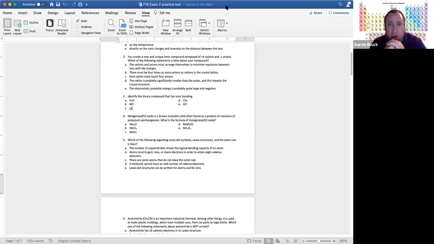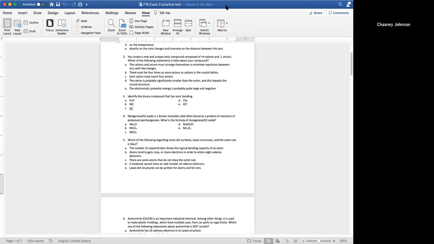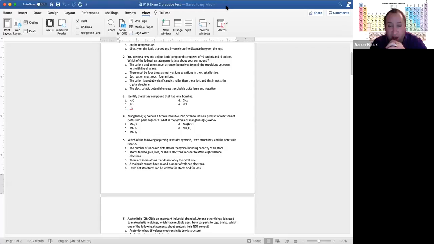You can go that way, but honestly, the easiest way to do it in these kinds of multiple choice questions is to look for the metal paired with the non-metal. There's usually only going to be one, and there is in this case. Lithium is a metal, fluorine is a non-metal. So put them together, that's going to be your ionic compound.